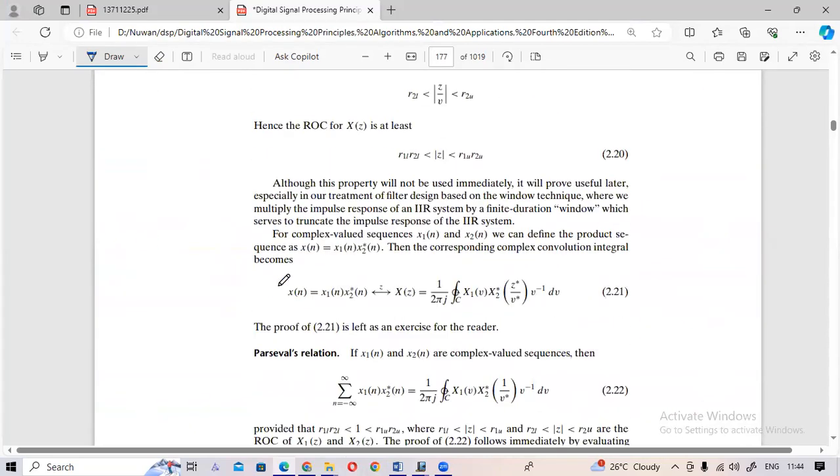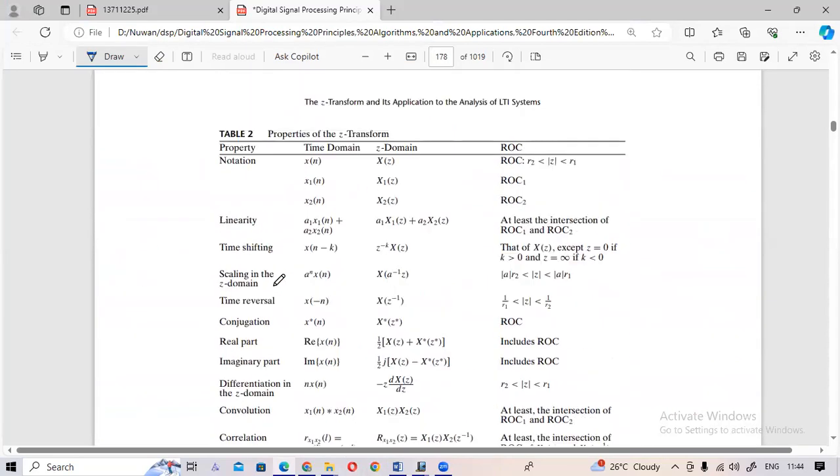The linearity property says this: if x1[n] has transform X1(z), and x2[n] has transform X2(z), then for a1 x1[n] plus a2 x2[n], the Z transform will be the addition of these two Z transforms multiplied by the corresponding constants. And the ROC is given as at least the intersection of ROC1 and ROC2.